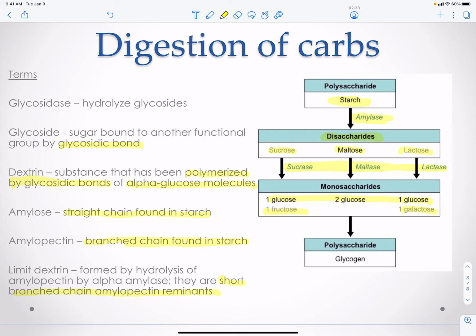All of these can be absorbed, and then they can be stored as glycogen. Glycogen is, again, a polysaccharide, so you start with a polysaccharide, and your body can make a polysaccharide.